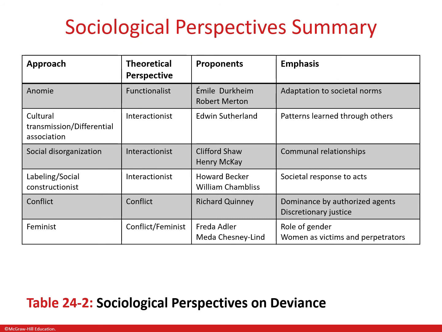The interactionist perspective, you have cultural transmission theory, social disorganization theory, and also labeling. So those are all within the interactionist perspective, where crime and deviance are occurring at the everyday interaction level, the different proponents, and the emphasis. And then you have conflict theory, Richard Quinney, and feminist theory, Frida Adler and Meta Chesney-Lind.